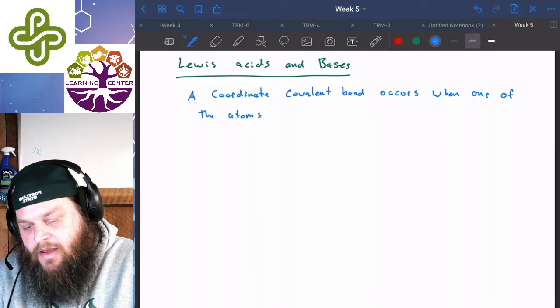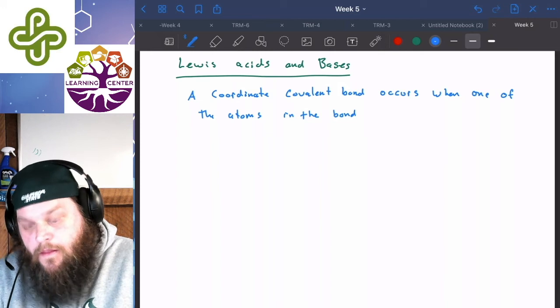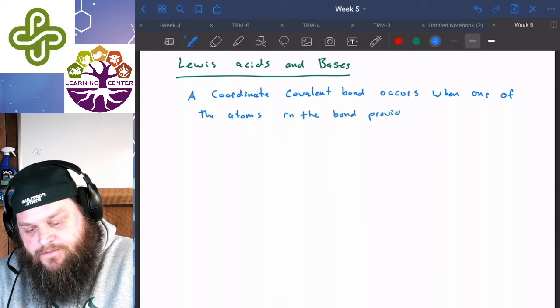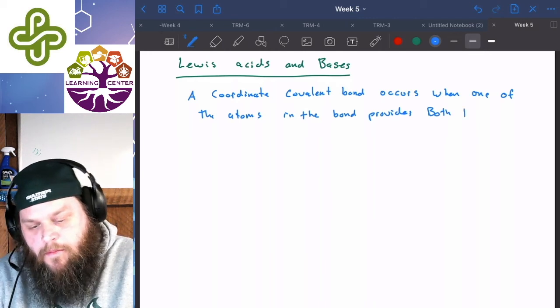So one of the atoms in the bond provides both bonding electrons.